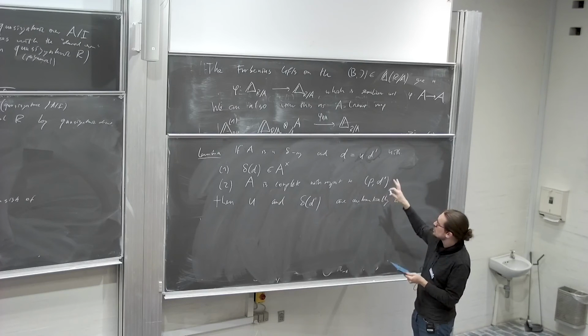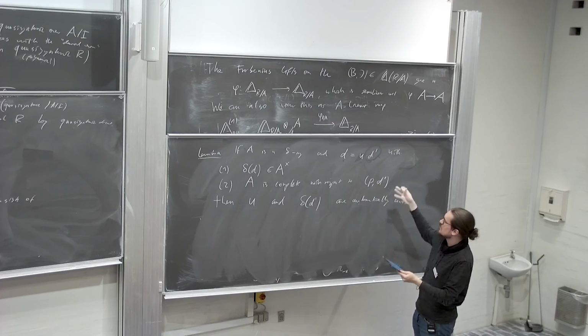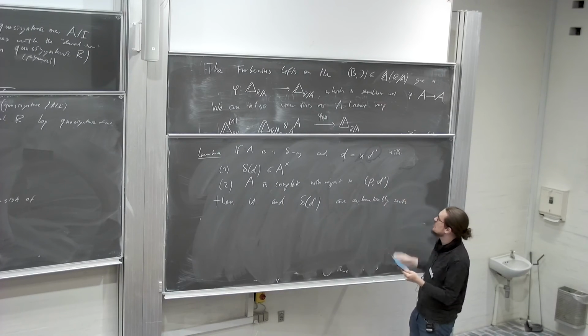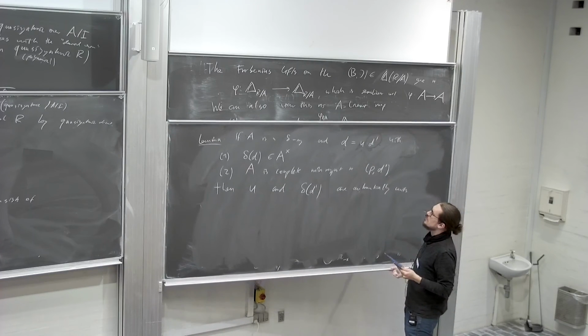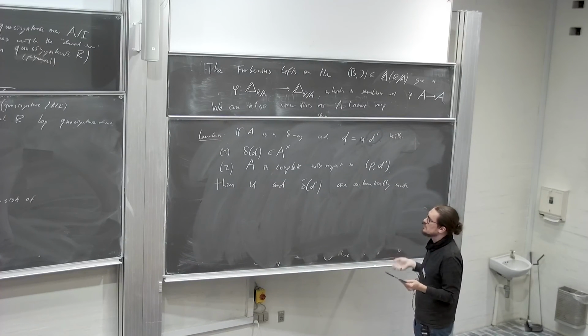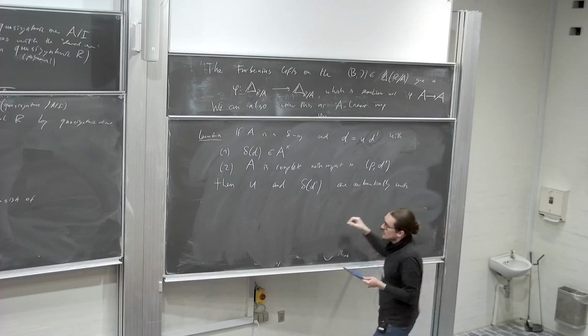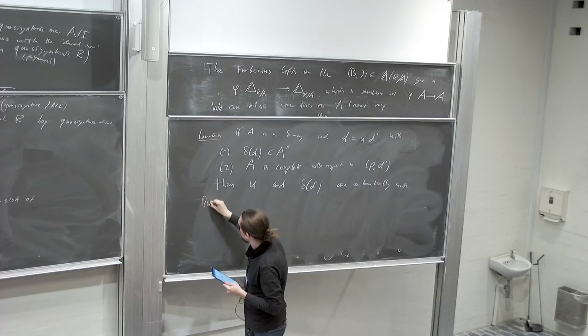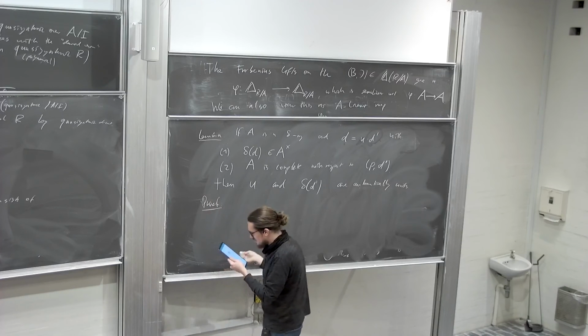So this very sharply tells you that distinguished elements are in a sense unique, or I guess it follows that they're uniquely determined by the ideal up to units, something like that. And the proof is remarkably simple.